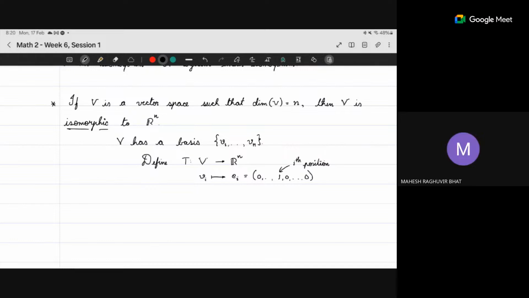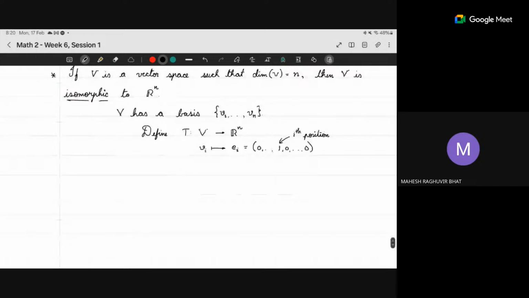Now that I've specified where the basis goes, you know the entire description of the transformation. So what does a typical element of V look like?